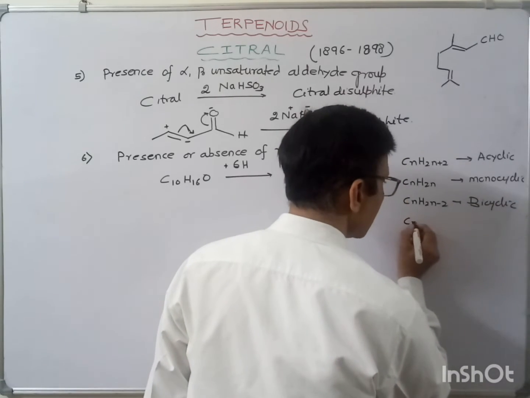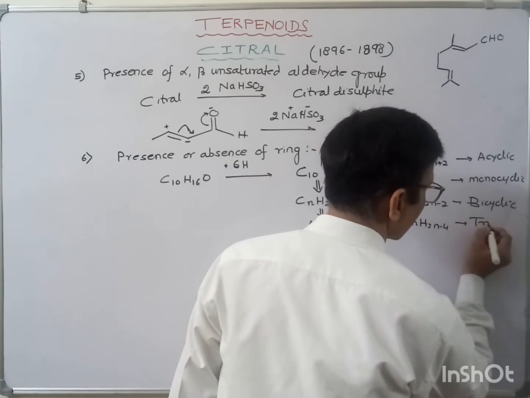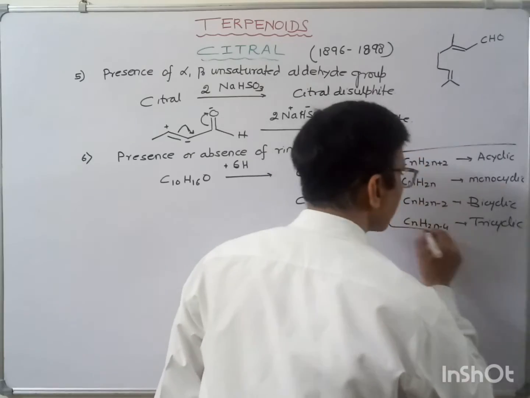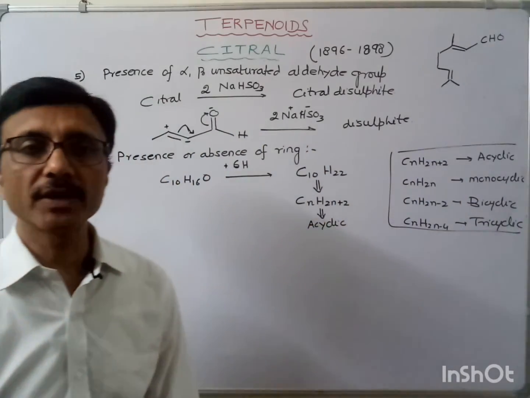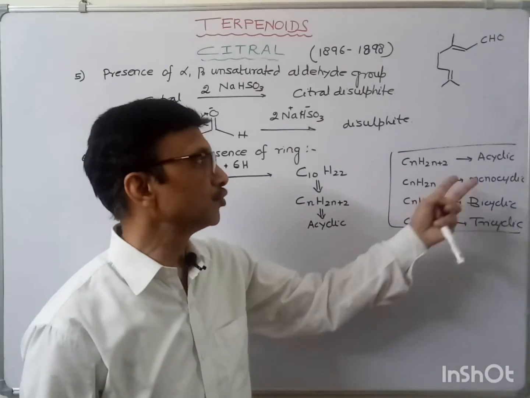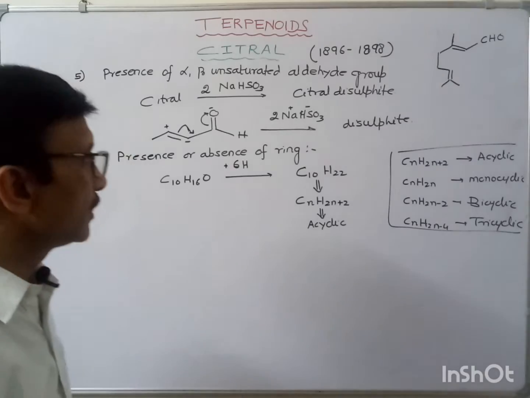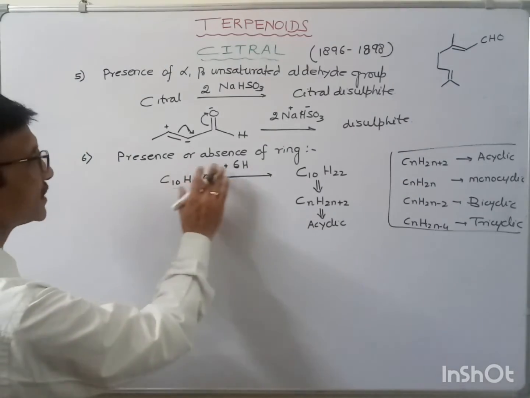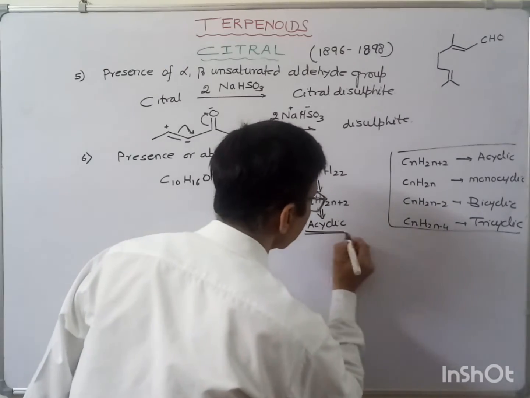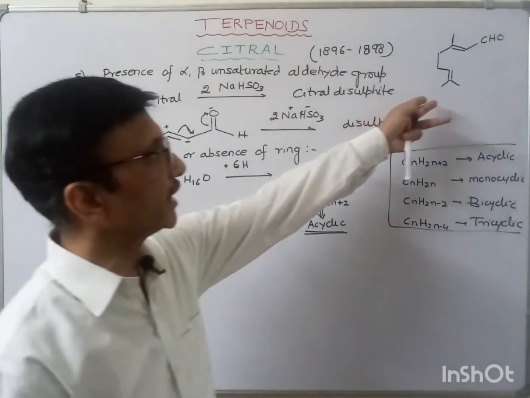And if it is CnH2n minus 4, then it is tricyclic, and so on. This is the way to determine whether the general formula corresponds to an acyclic, monocyclic, bicyclic or tricyclic compound. So citral is acyclic in nature.